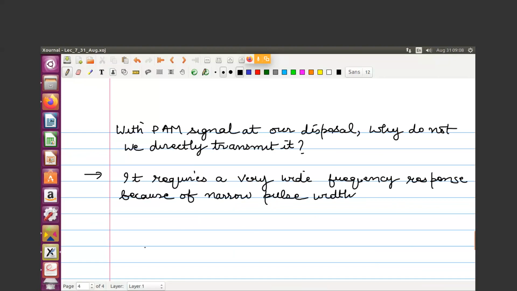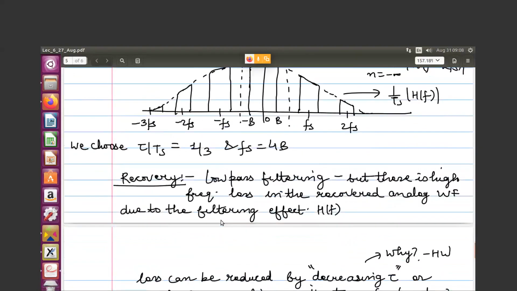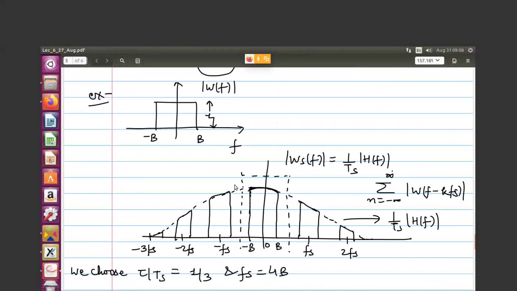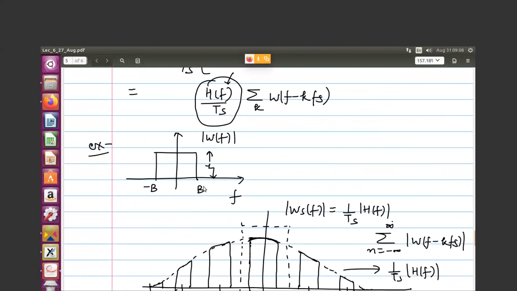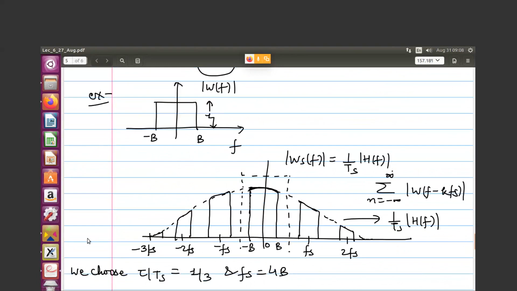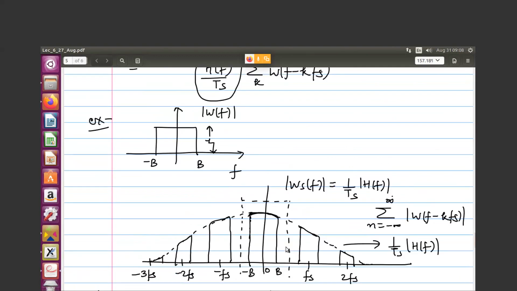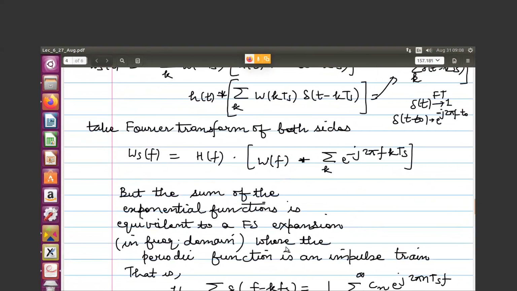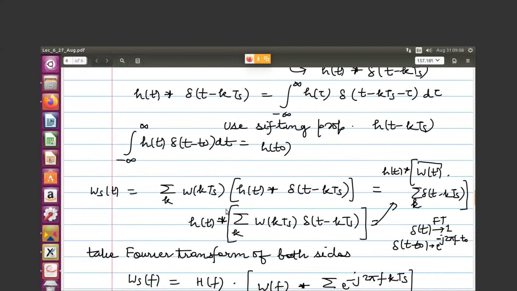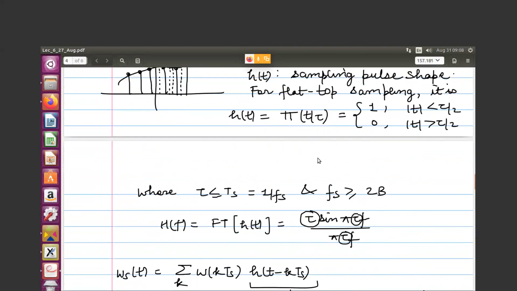So if we go back to our previous lecture, we'll find such a wide spectrum. Initially, the baseband spectrum of the analog signal which we are sampling is only contained in minus B to B. But the sampled signal now lies from minus infinity to infinity, and even if we consider the main lobe, the main lobe is quite wide. The reason is that the pulse you use in the sampling procedure, let us say h of t, has a tau that is generally very small.